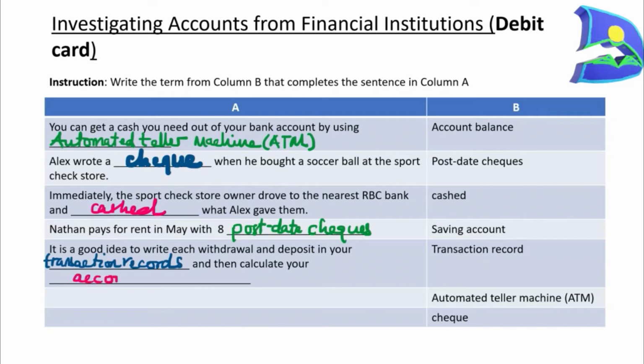So that is it in here, and the final one is your account balance. This account balance is the sum of all the transactions that you've done, and what is left is the combination of what is left in your savings account and your checking account. The combination of all the money left leads to your account balance.